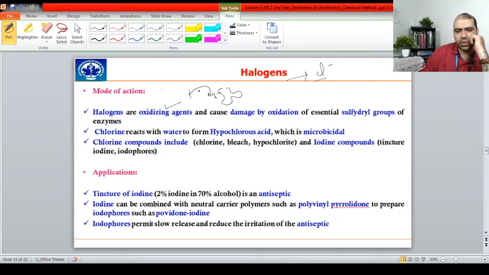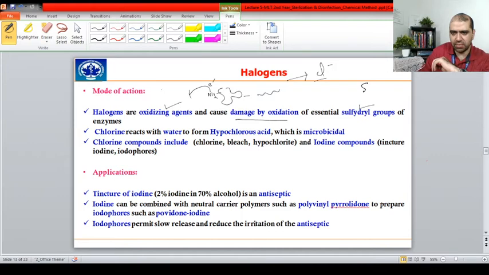It means it is losing the electrons. The microbial surface is losing the electrons. That's called oxidation, and because of this oxidation, this whole enzyme can disrupt and it becomes non-functional. Okay, so halogens cause oxidation and they damage the enzymes by oxidation, particularly the sulfur groups.